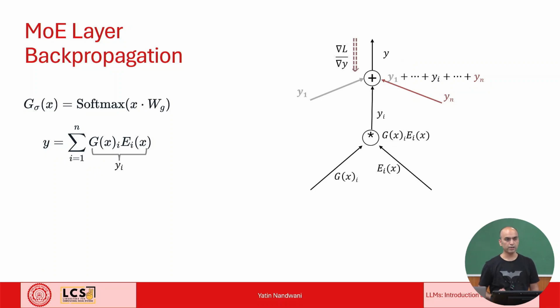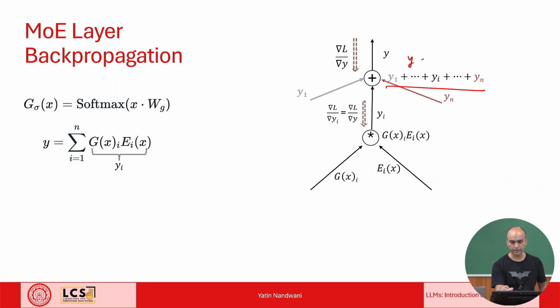And when we backpropagate, we will get the derivative of the loss with respect to the output Y from the layer above it. This will get passed on to each of the experts' outputs, the Yi's. So the derivative of the loss with respect to each expert Yi is exactly the same; you can see this from the equation.